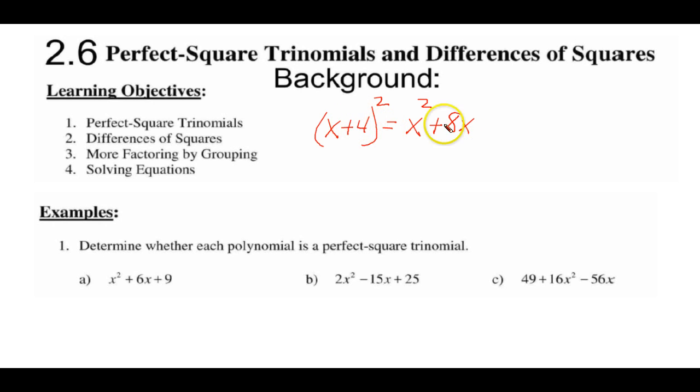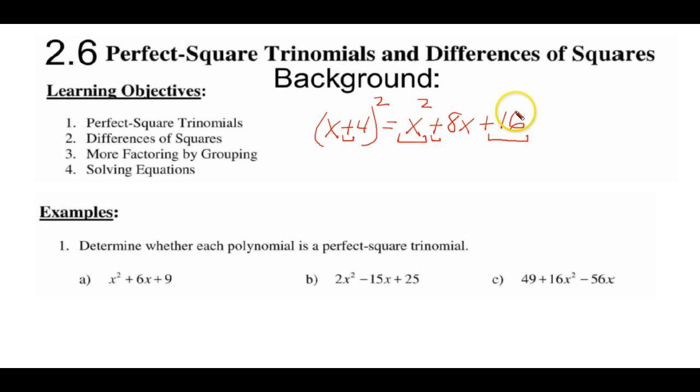Then we'd square the last term, and that would give you 16. Now, the first term is a perfect square. The last term in standard form is a perfect square. The middle sign is whatever the sign is there. And this is a perfect square trinomial.